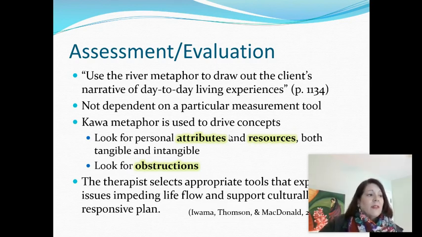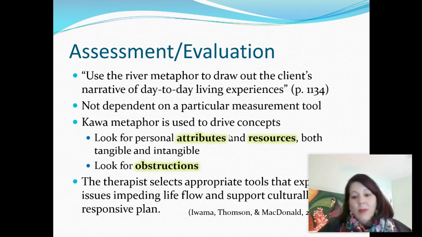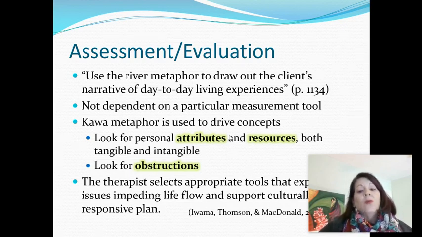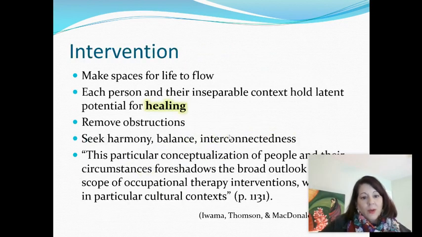And then from there, the therapist can select more tools to expand on finding out more about those attributes, resources, and obstructions. So if it's a biomechanical approach, we might be doing manual muscle tests and range of motion after we find out what this person's narrative is. So it's a very narrative approach.